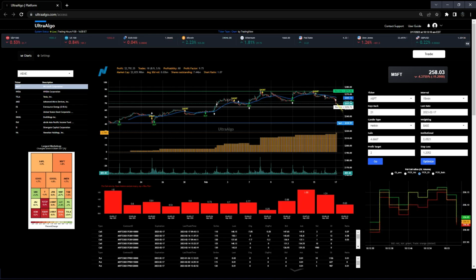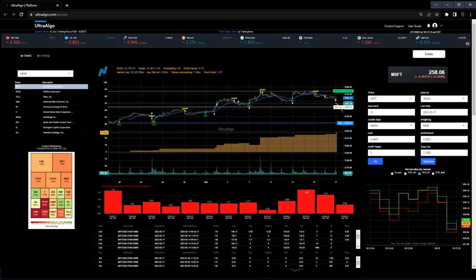If more people are buying call options like toy cars, it might mean they think the stock price will go up. If more people are buying put options like toy planes, it might mean that they think the stock price will go down. And this is where we're going to get into our next point, which is maximum pain.